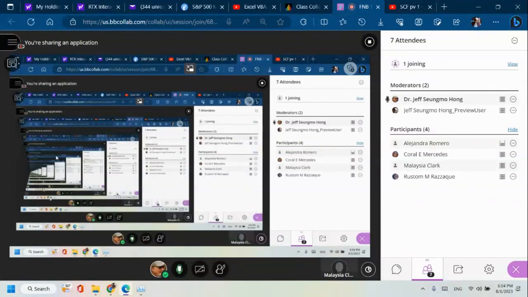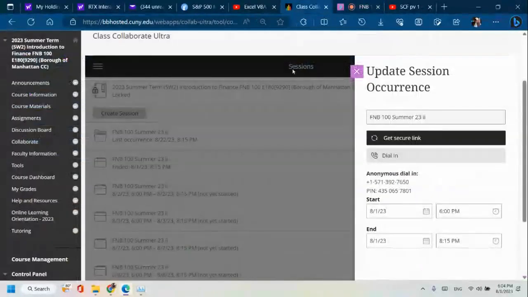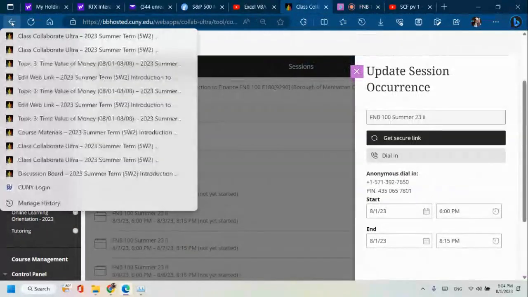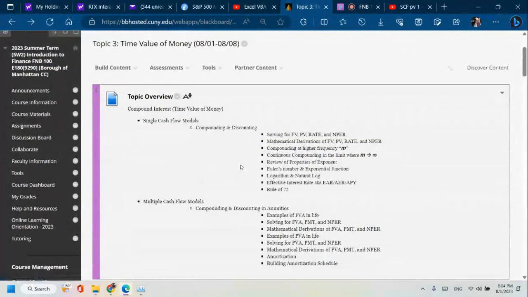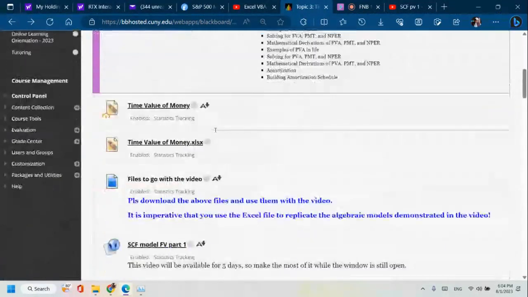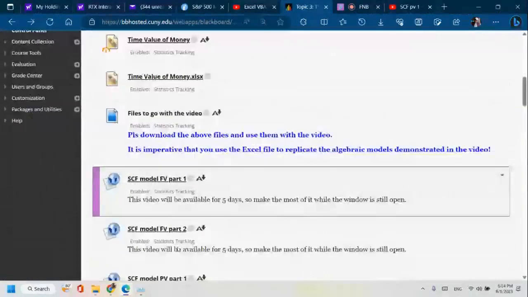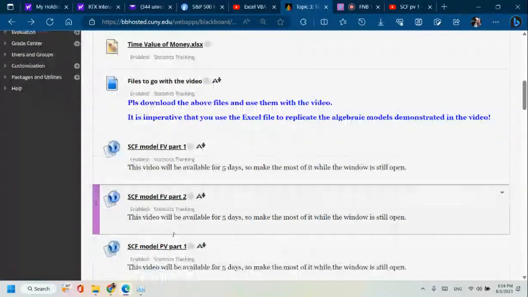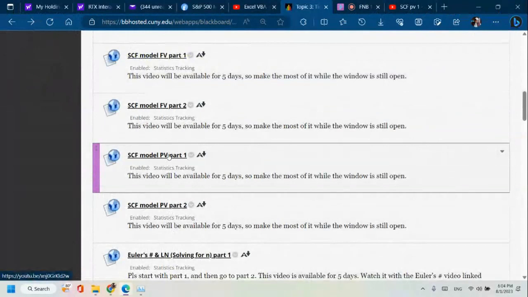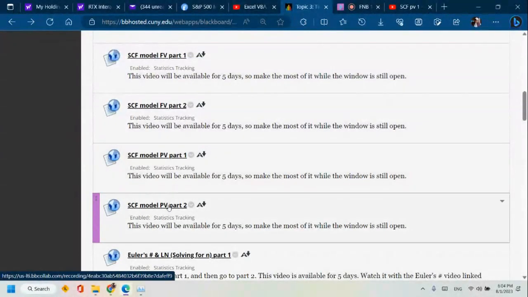All right, so we're now moving on to, since yesterday, we're into topic three, which is time value of money. We already went through the single cash flow model, future value part one, future value part two. And yesterday I noticed this should be present value part one, present value part two, but it was mislabeled as FV part three and four.